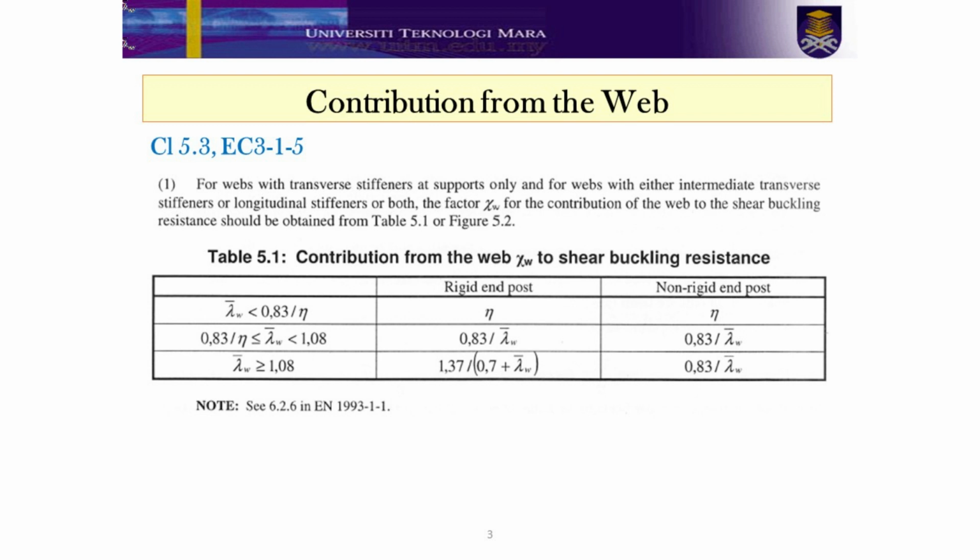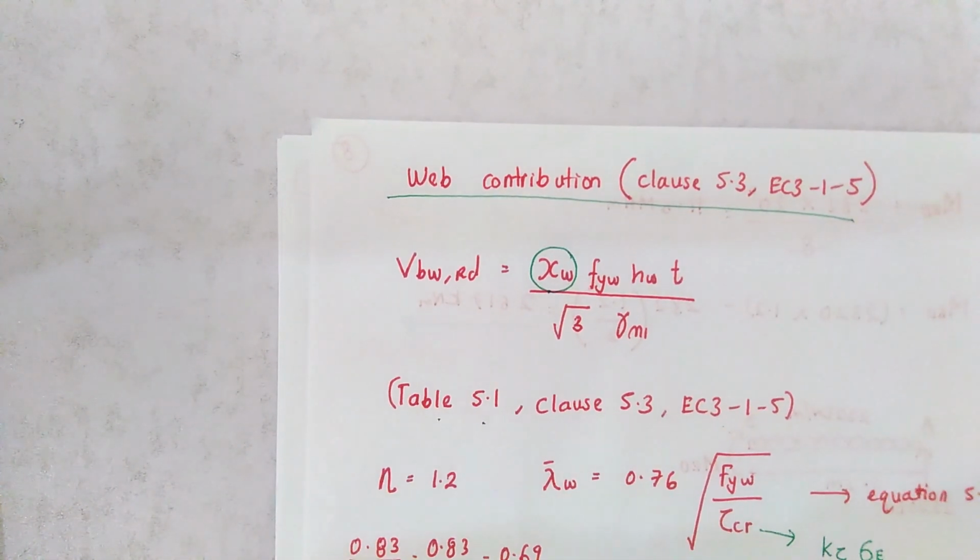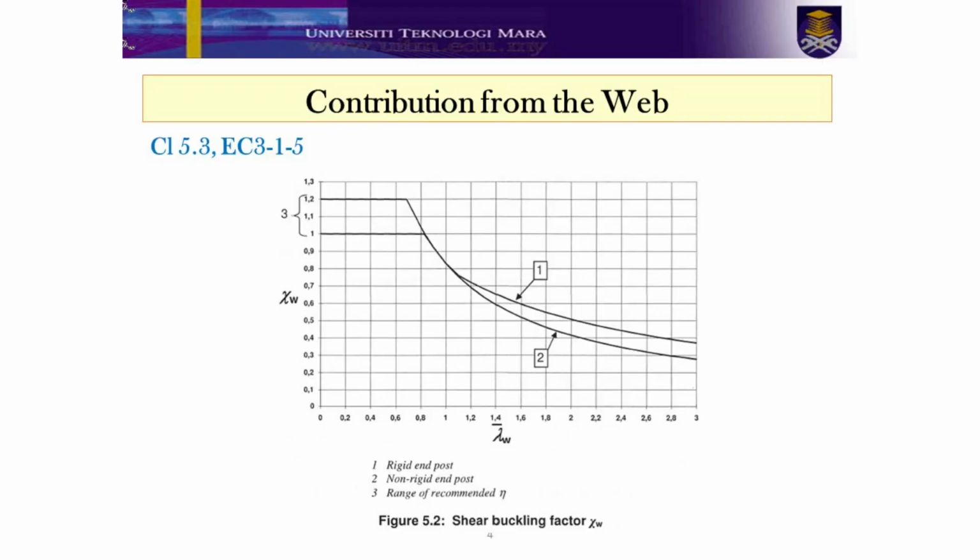Therefore, we need to clarify whether the reduction factor, the contribution factor, falls within which category. Once you get those categories, you can refer to clause 5.3, EC3 part 1.5, figure 5.2.